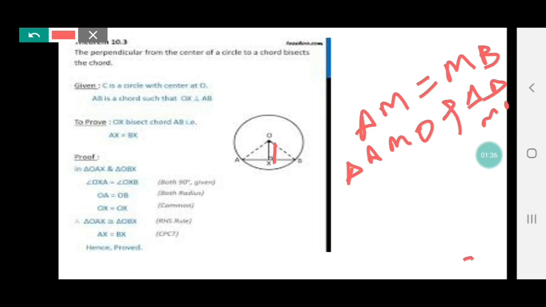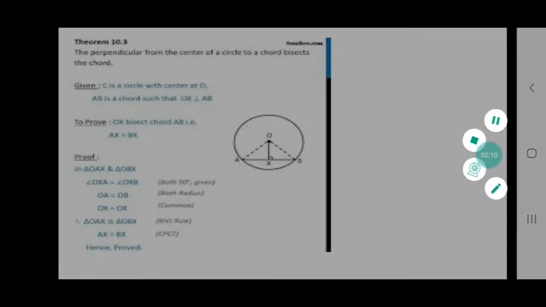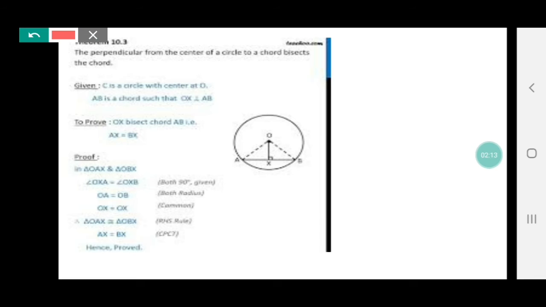Now what is given to us? By observation you can see that OA is equal to OB, because they are radii of the same circle. Then OM is common, by construction. And one of the angles formed at point M is 90 degrees.